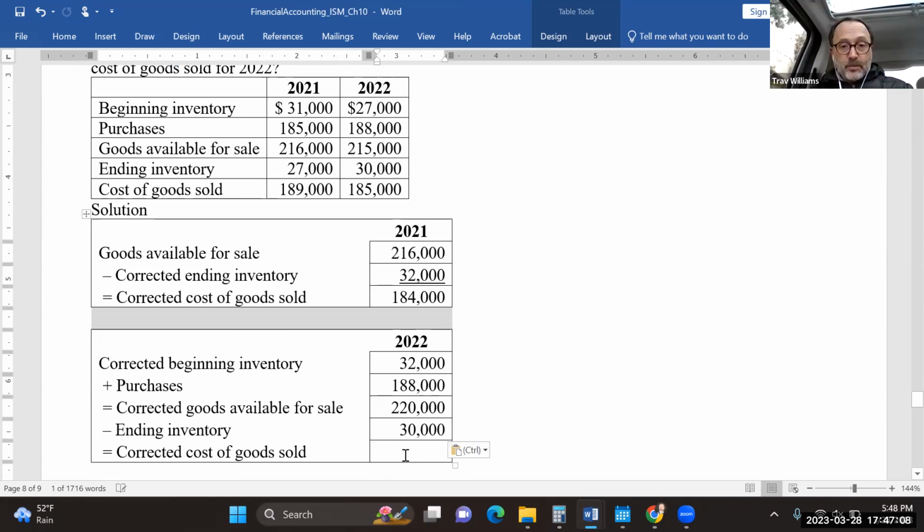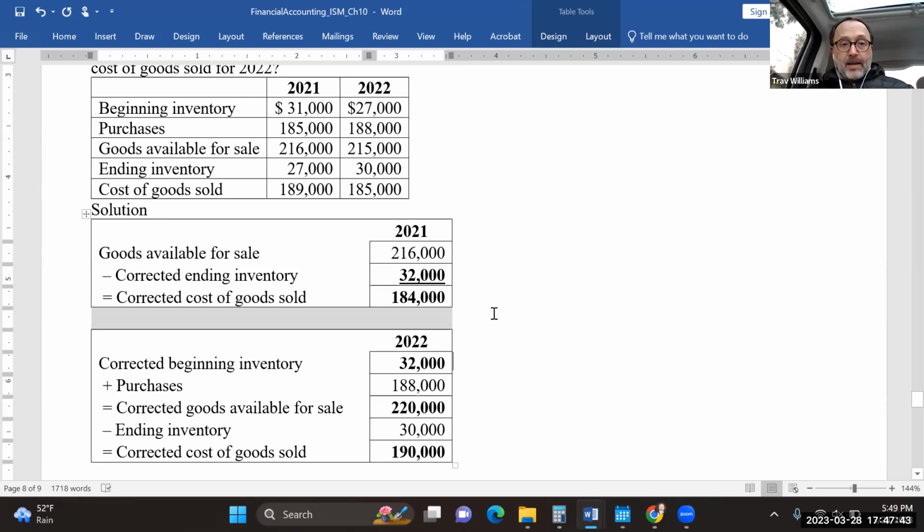Once we subtract that, we get our corrected cost of goods sold as 190,000. So you notice that by correcting the ending inventory, that corrected our beginning inventory, corrected our goods available for sale, and it corrected our final cost of goods sold. Okay.